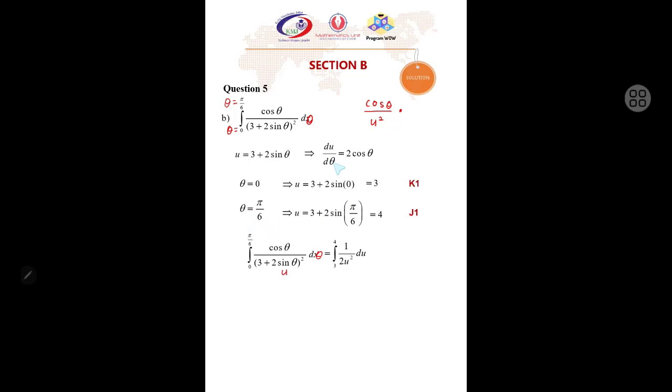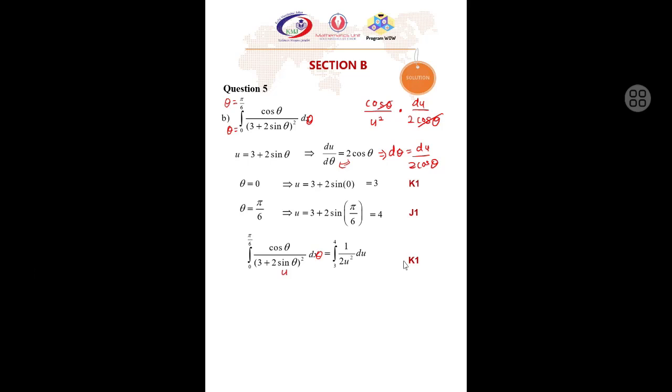To get d theta, d theta equals du over 2 cos theta. So I just substitute d theta into the function: du over 2 cos theta. Simplify, and you get 1 over 2 u squared du.